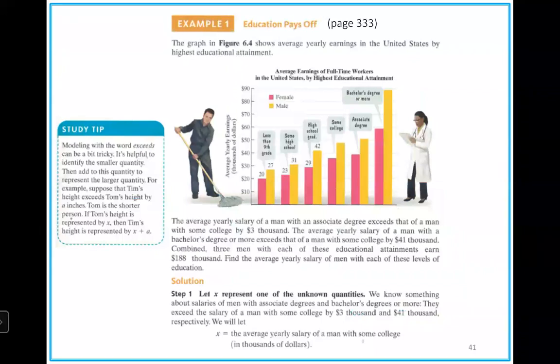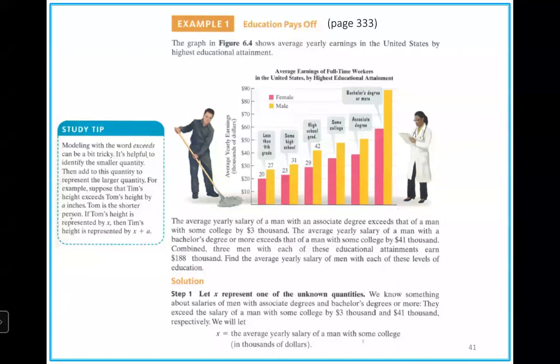Okay, so we have a scenario here where we are trying to solve a problem. Let's see what the problem is saying. It's saying that the graph in Figure 6.4 shows the average yearly earnings in the United States by highest educational attainment.